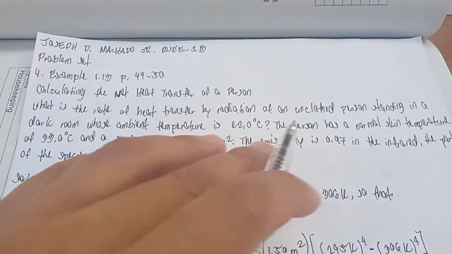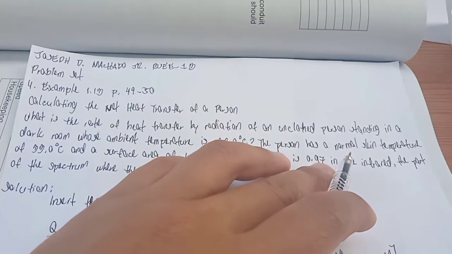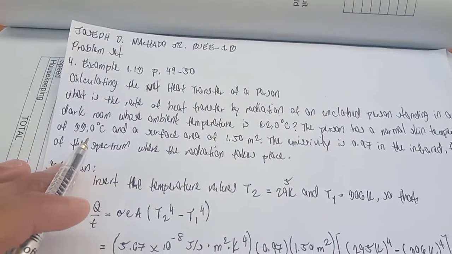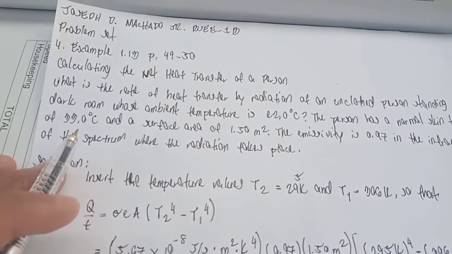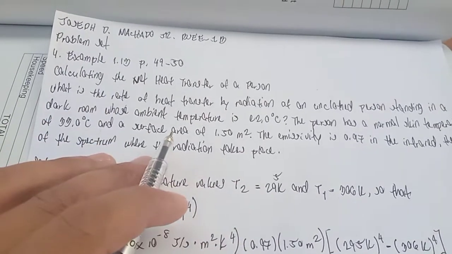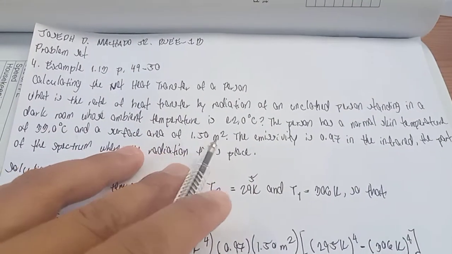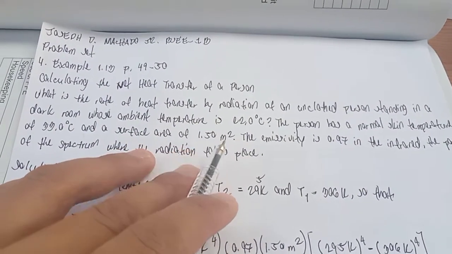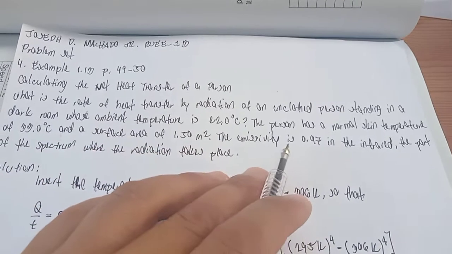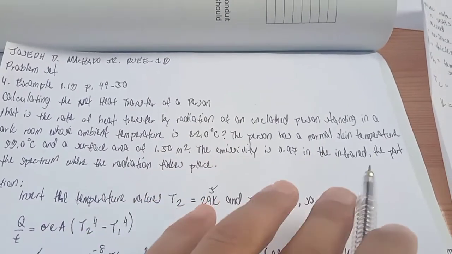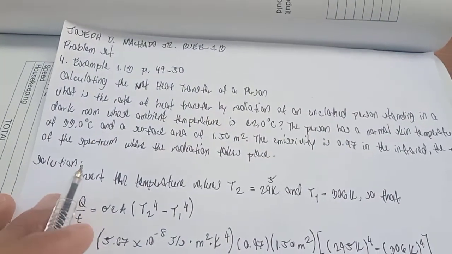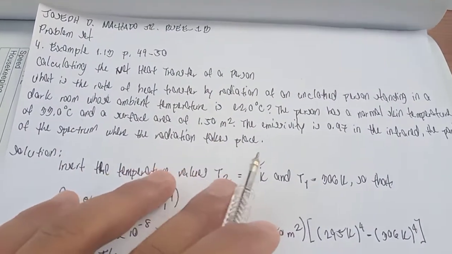The person has a normal skin temperature of 33.0 degrees Celsius and a surface area of 1.53 meters squared. The emissivity is 0.97 in the infrared, the part of the spectrum where the radiation takes place.